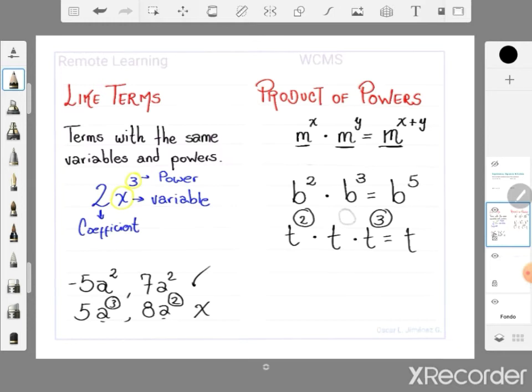We don't have a number there, but we can suppose that there is a number. This is like an invisible number, and the number is 1. So please be careful, this is the number 1. So what is 2 plus 1 plus 3? It is 6. So remember, when you multiply powers with the same base, this is just for the same base, you keep the base, the letter, and you add the exponents. Okay, that's it.